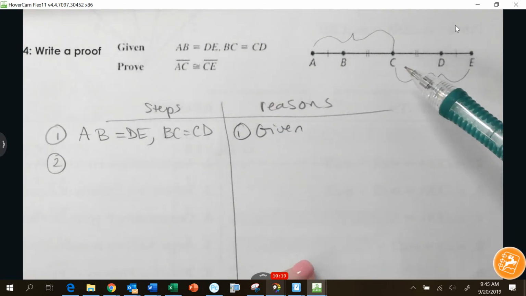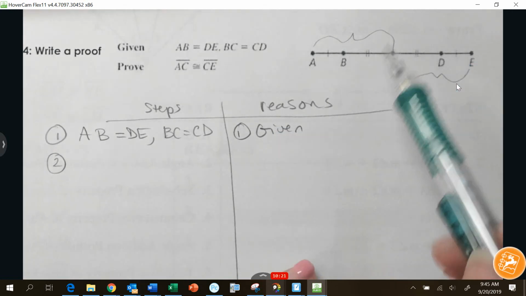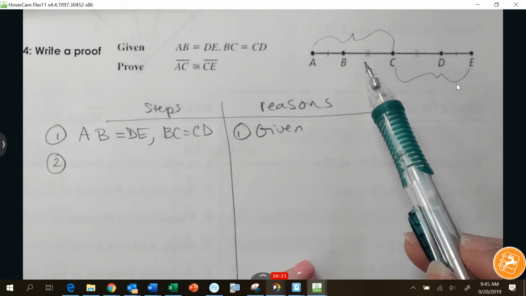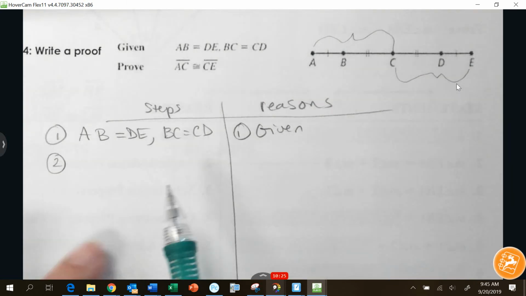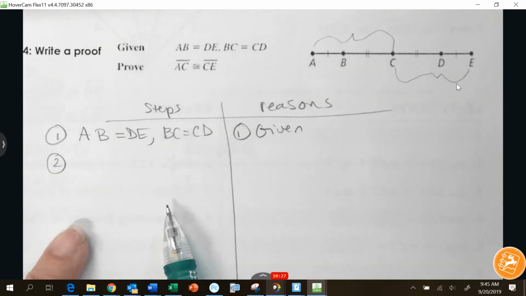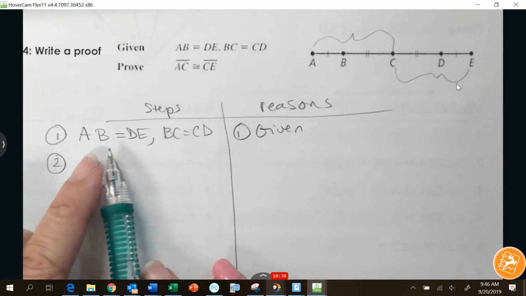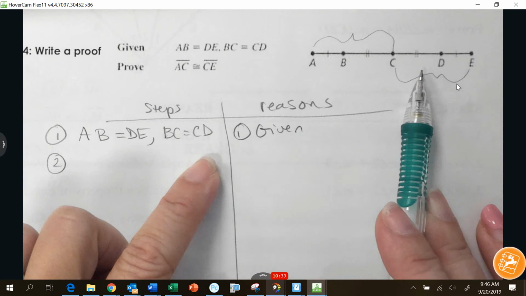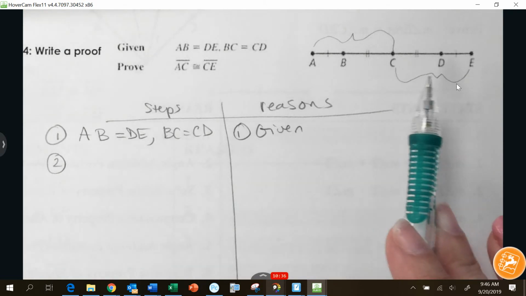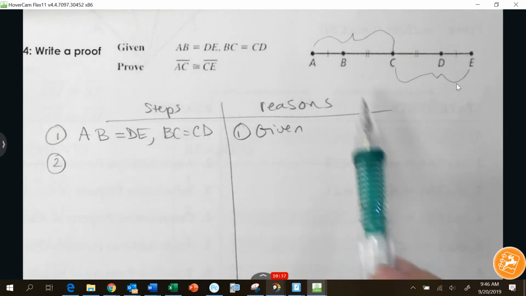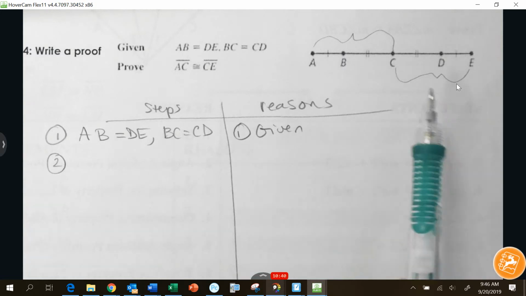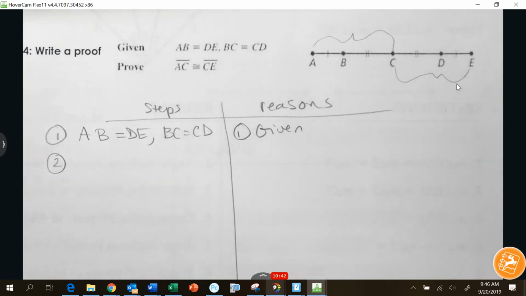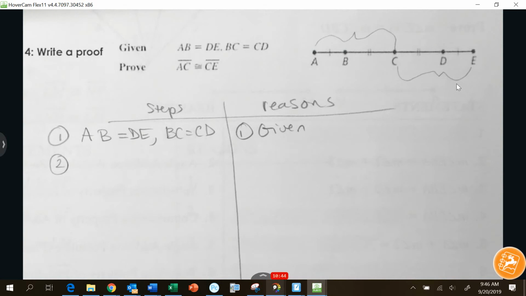So what we have to do is start thinking about how we can possibly get AC and CE in here. Right now I'm given that AB equals DE and BC equals CD. But I need to start thinking about how I can possibly get an AC and a CE somewhere in here.